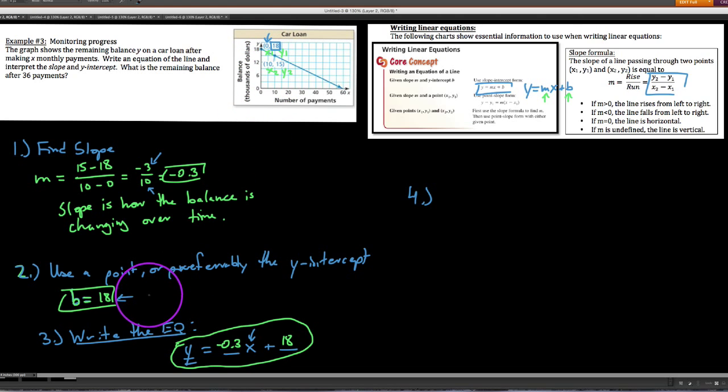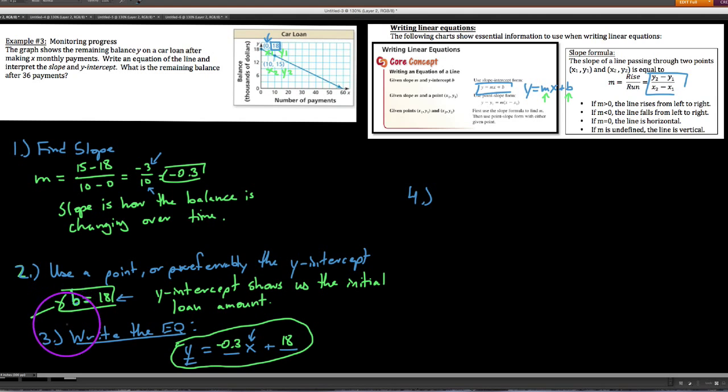So if I'm going to interpret the y-intercept, we say the y-intercept shows us the initial loan amount. And that's kind of an important thing. It always shows an initial amount. So basically the y-intercept says you're starting here, and the slope says you're changing by this every, say, input value, okay? So using our equation, the question was, what is the remaining balance after 36 payments?